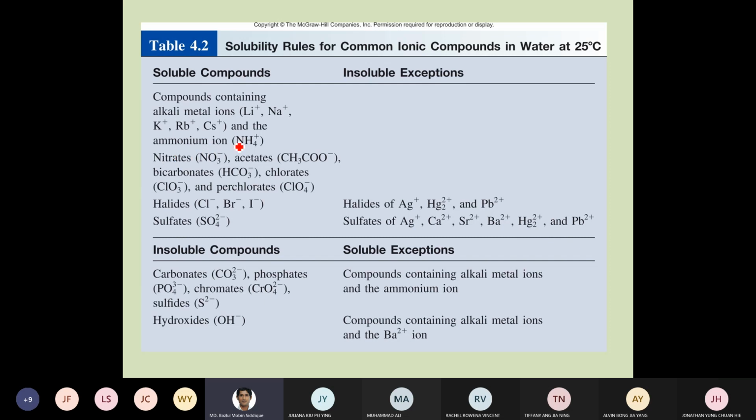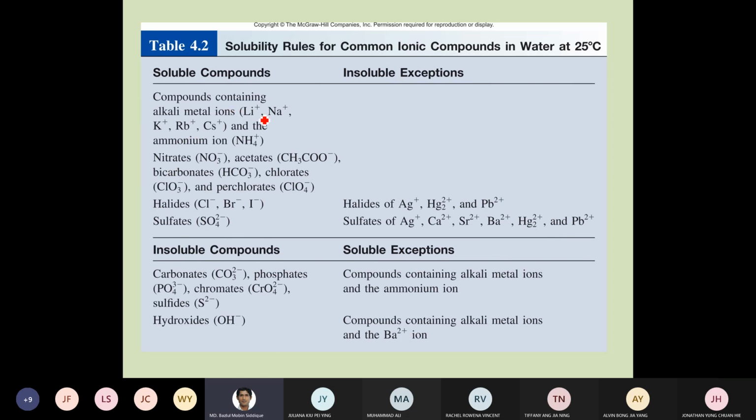As well, nitrate, ammonium, acetate, bicarbonate, chlorate, chloride, perchlorate. So halides, chlorine, bromine, iodine also. Sodium chloride, sodium bromide, sodium iodide, sodium sulfate, all those things will be soluble in water.